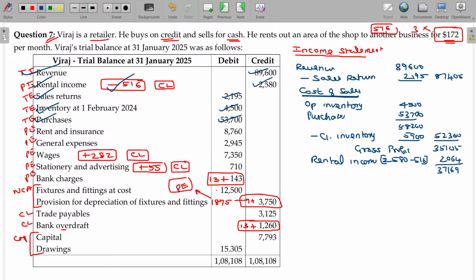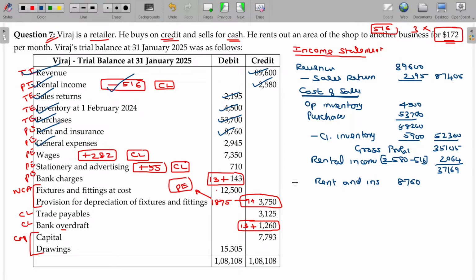Then we have to subtract the P&L section expenses one after one. We have been given rent and insurance, no adjustments with respect to this one. So rent and insurance, this value being 8,760.